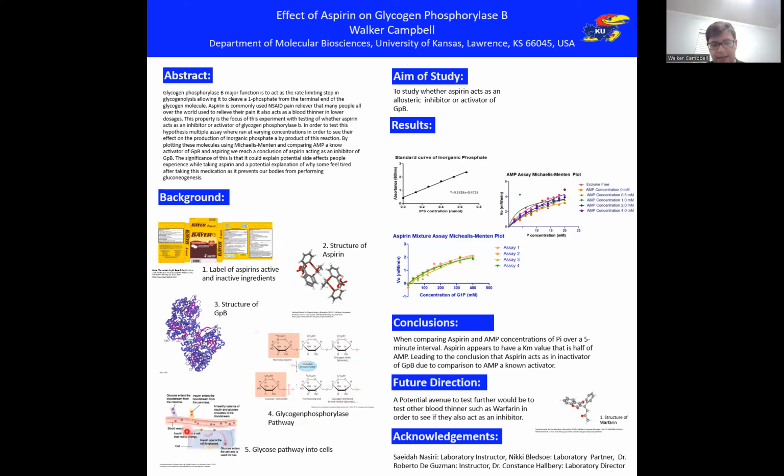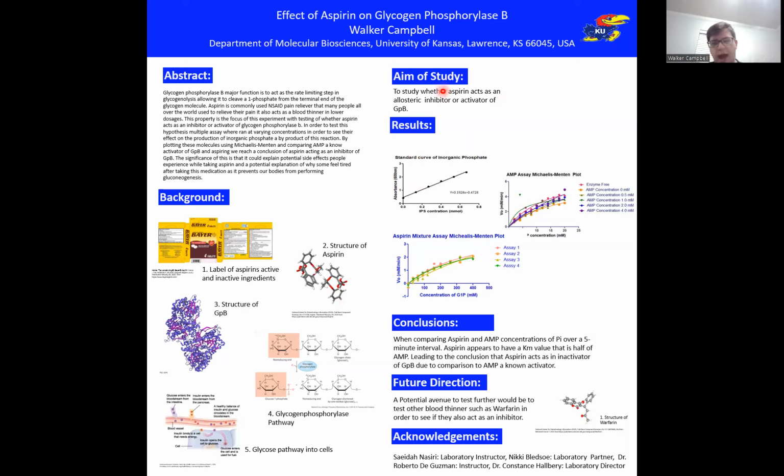Like I said, I wanted to highlight how a blood thinner would potentially impact this process and whether it will change it, make it worse, or allow the process to provide more glucose to the cells at any given point in time.